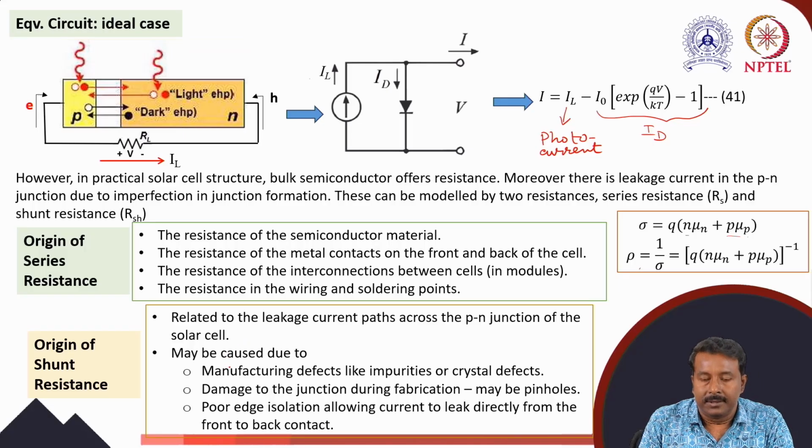And this shunt resistance may be due to manufacturing defects like impurities or crystal defects, particularly at the junction point, or damage to the junction during fabrication, because in the solar cell fabrication process, there are some high temperature processes, some other processes that may damage the surface of a P layer when you are making, say, N-type layer by diffusion process or by ion implantation process, the formation of PN junction we also discussed.